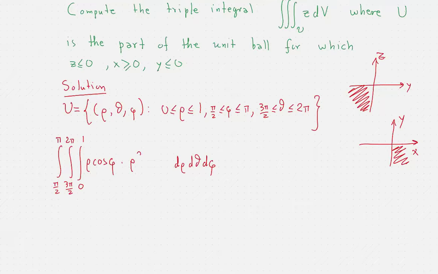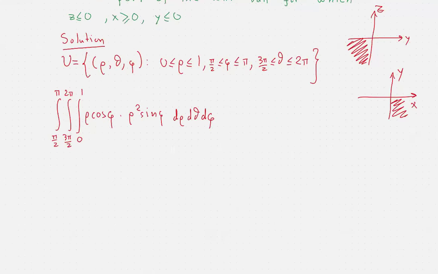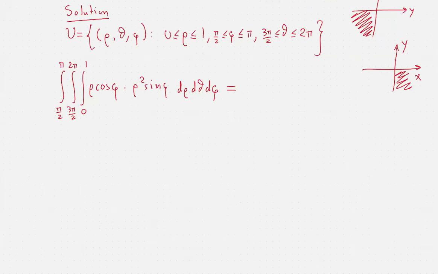Okay, so here we have a situation where the integrand is the product of three quantities, one in rho, one in phi, one in theta. The one in theta can be taken to simply be the function 1, and all the endpoints are constant. It's good to know that in such a case, the integral splits as the product of three integrals, one in rho, one in theta, one in phi, with the corresponding limits, which are constant as I emphasized, and the corresponding function.